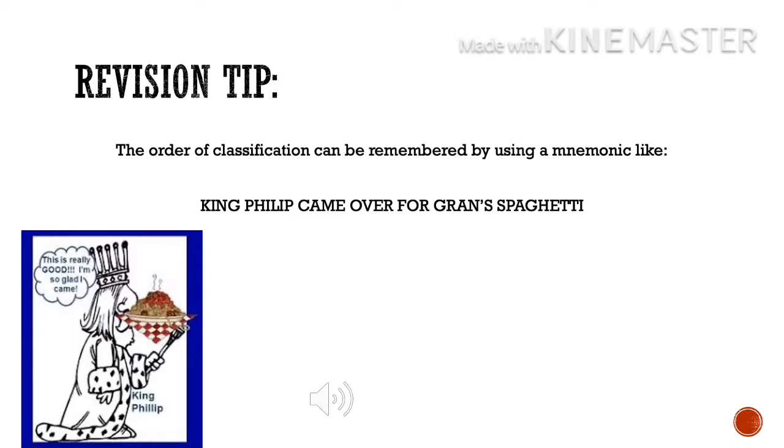Now, king represents, of course, kingdom, Philip for phylum, came for class, over for order, for for family, grand for genus, and spaghetti for species. So, don't forget, King Philip came over for grand spaghetti.